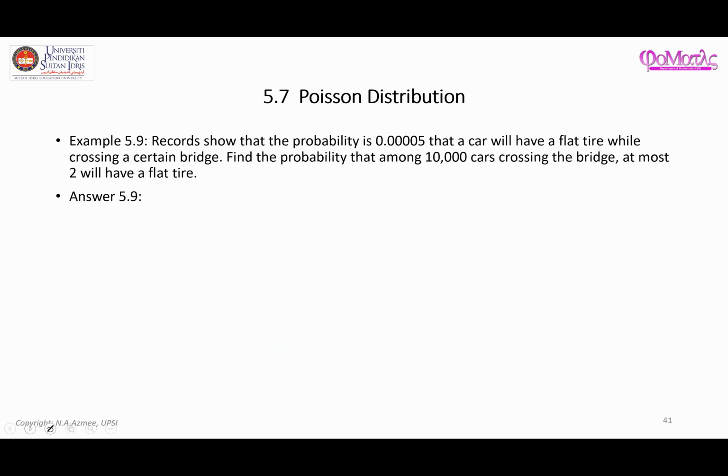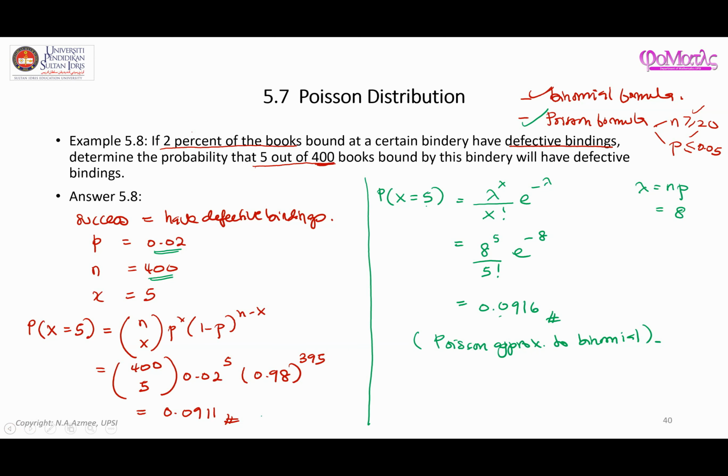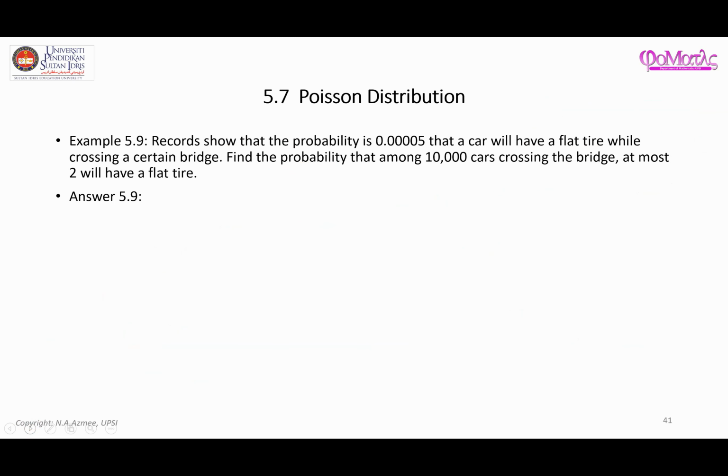Now, this next example is also similar to the previous one. Of course, you can either use the binomial formula, or you can resort to using the Poisson formula. For this example, I'm just going to stick with the Poisson formula.